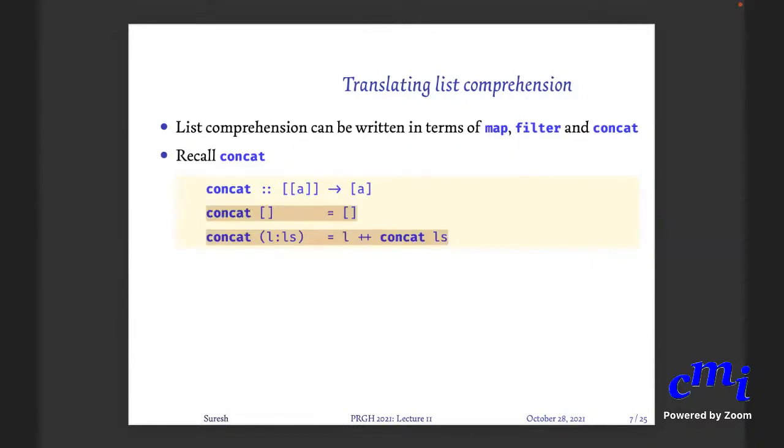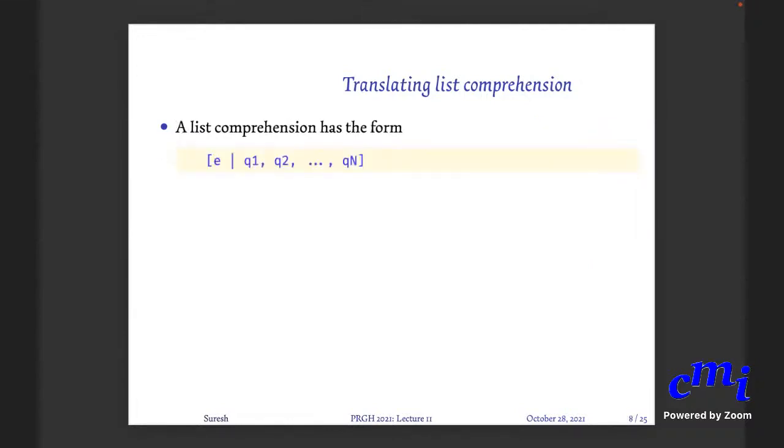Now, what I am trying to tell you is that using map, filter, and concat, you can actually translate your list comprehension, which looks like some very special notation, into this. Recall that a list comprehension is of the form E such that Q1, Q2, dot, dot, dot, Qn, where each Qi is either a Boolean condition, or a generator of the form P belongs to L. You will say, for example, the set of all n squared such that n belongs to 1 dot dot 10, comma, n not equal to something.